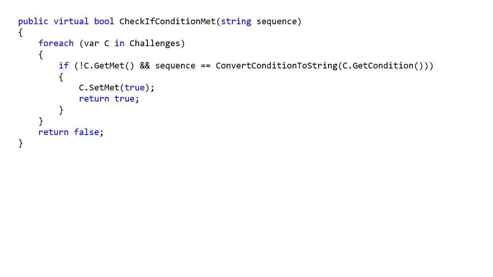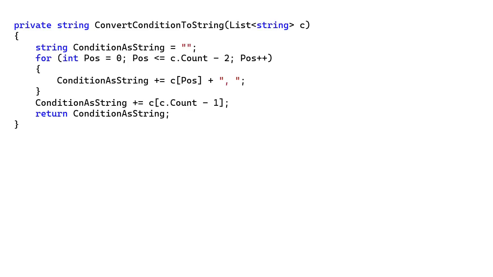We need to see how convert condition to string, when passed a condition, returns a string that can be compared to the sequence. So we can see that this is actually quite similar to the code that we've just looked at. It takes a list of strings here, and what it's doing is it's just going around this loop here, and it's formatting them as a single string.